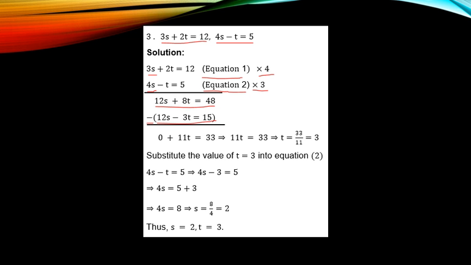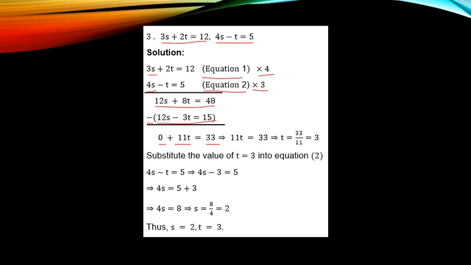So you have 12s minus 12s is 0. Now you have 8t plus 3t, that is 11t. 48 minus 15, you have 33.